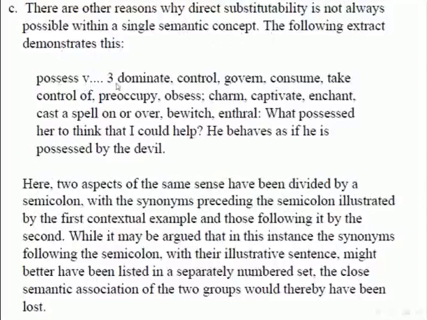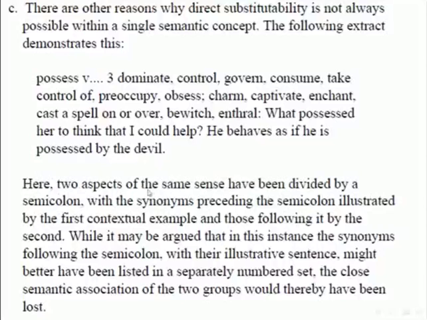Possess, as a verb, number 3 here: to dominate, to control, to govern, to consume, to take control of, to preoccupy, to obsess, to charm, to captivate, to enchant, cast a spell on or over, bewitch, enthrall. What possessed her to think that I could help? He behaves as if he is possessed by the devil.